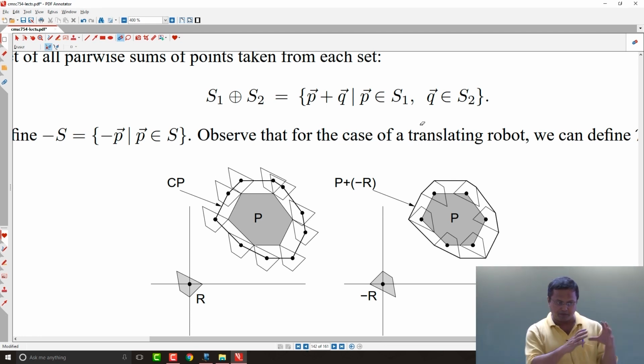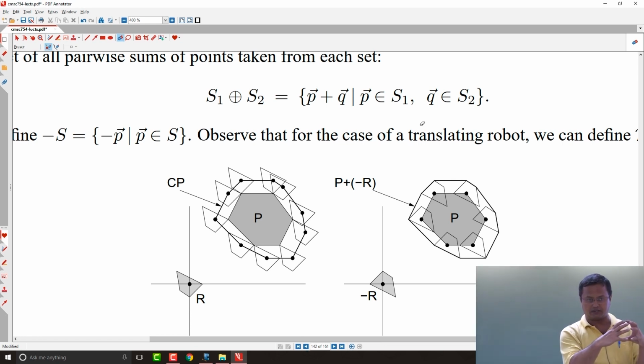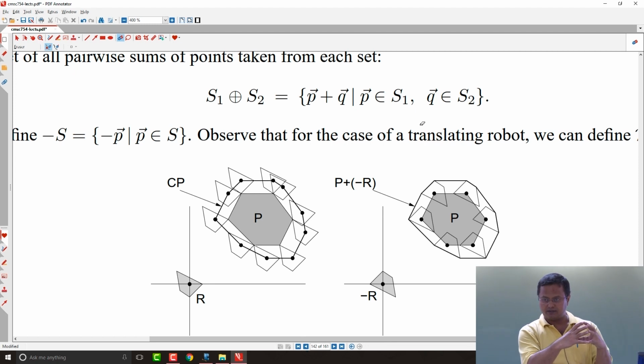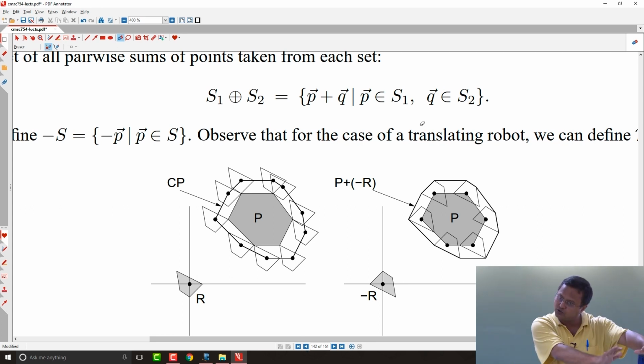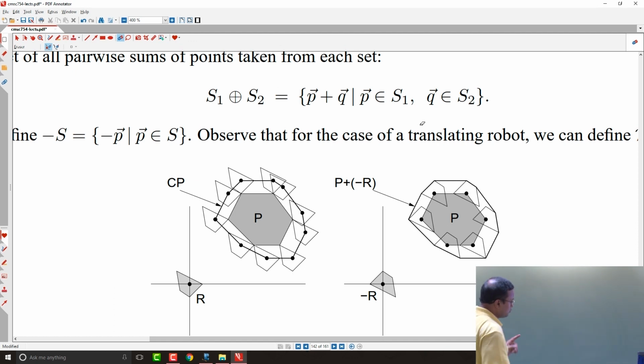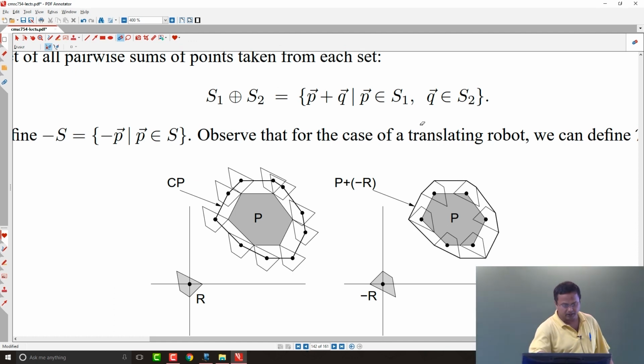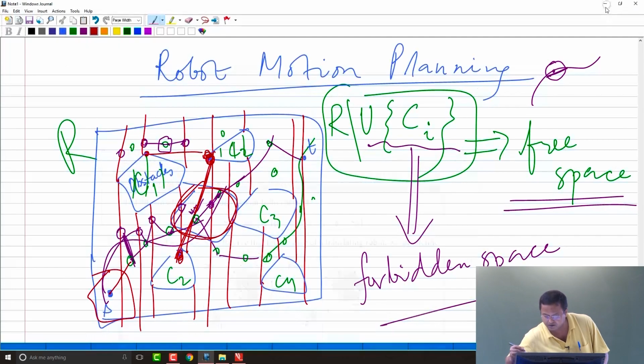Now, because this robot has a volume, has a size, the entire robot cannot intersect with the polygonal obstacle, the entire thing has to stay outside. Now, think of this, let me start by having a, can I just minimize this? Yes.